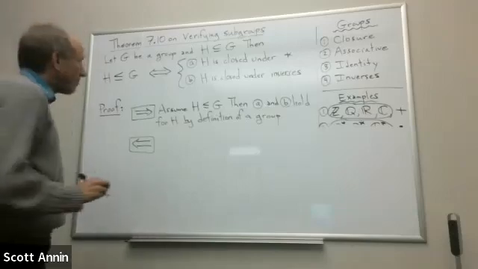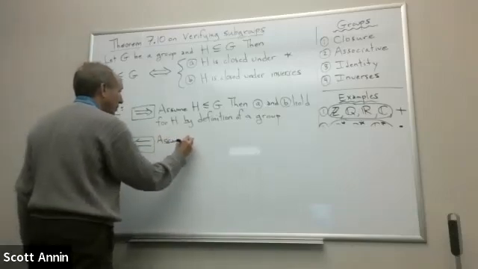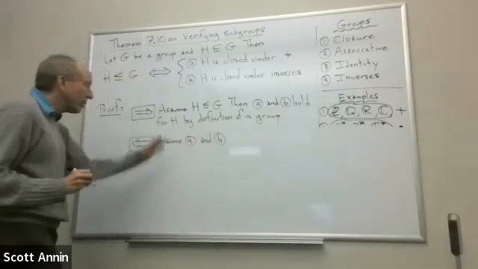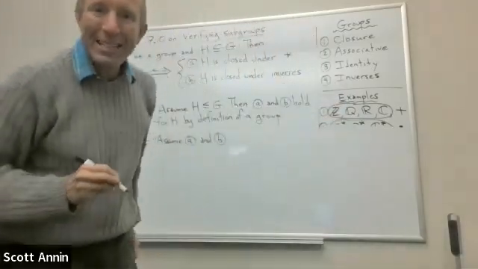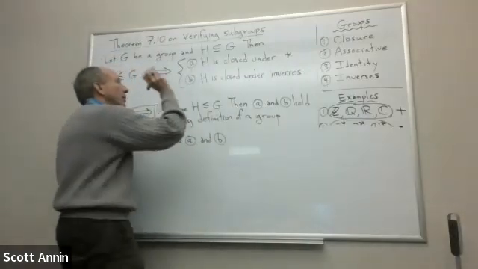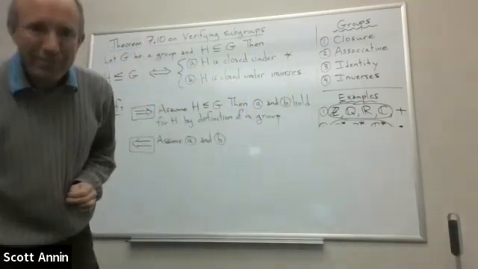Okay. But now let's go in reverse. Let's assume A and B, which really means that we're assuming 1 and 4 in my list of axioms of a group. Let's suppose that H is closed under the operation and that it is closed under inverses.